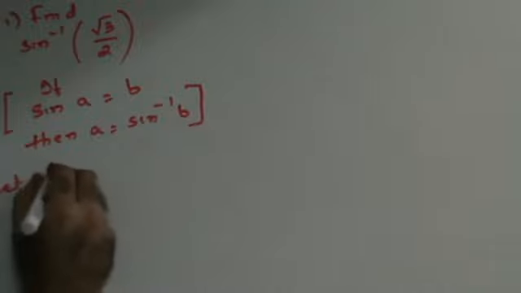You will say let sine inverse of root 3 by 2 equal x. Therefore, using that formula, root 3 by 2 is equal to sine x. But we know that sine 60 is root 3 by 2.